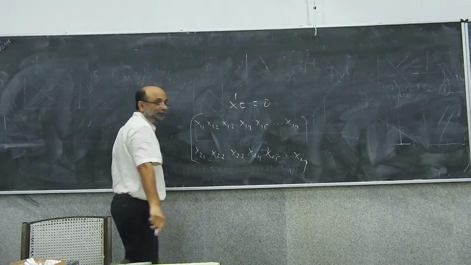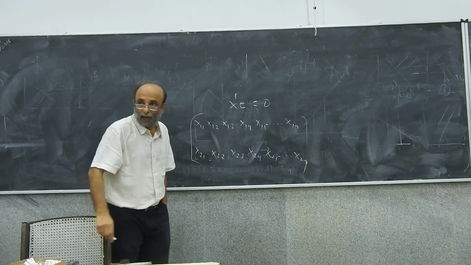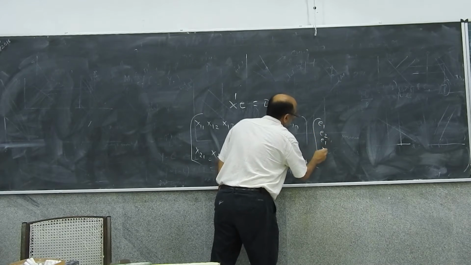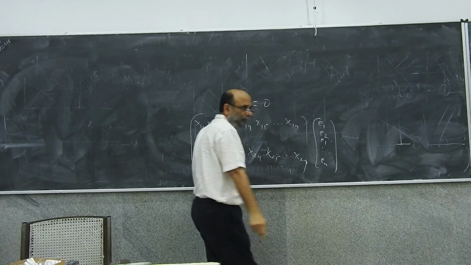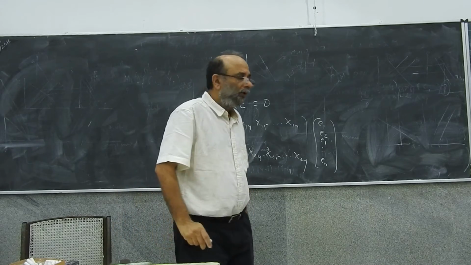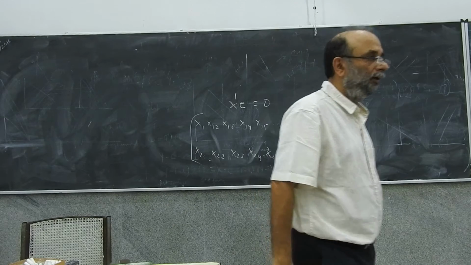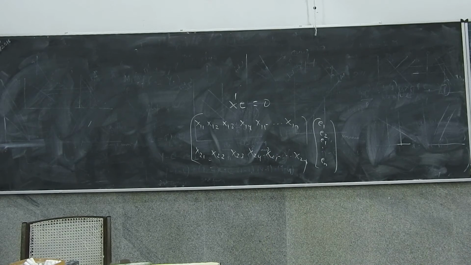This is x dash. I multiply that with e1, e2, e3, en. Sure? So what will be the dimension of this matrix? How many columns does this matrix have? n. How many rows does it have? 2. 2 by n into n by 1, which will be a 2 by 1.